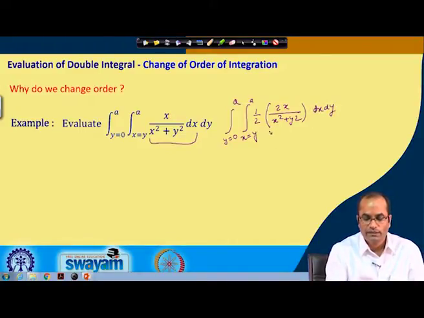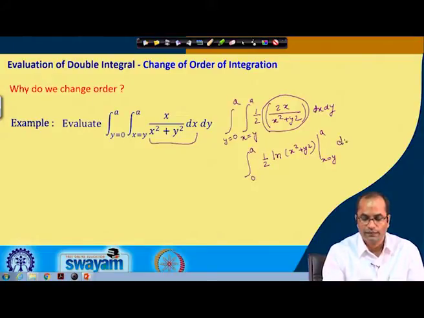So with respect to x, this will be the logarithmic function. So we will have the ln of x squared plus y squared, with the half, and then we have to put the limits for x from y to a, and then the outer one 0 to a, and we will have dy.